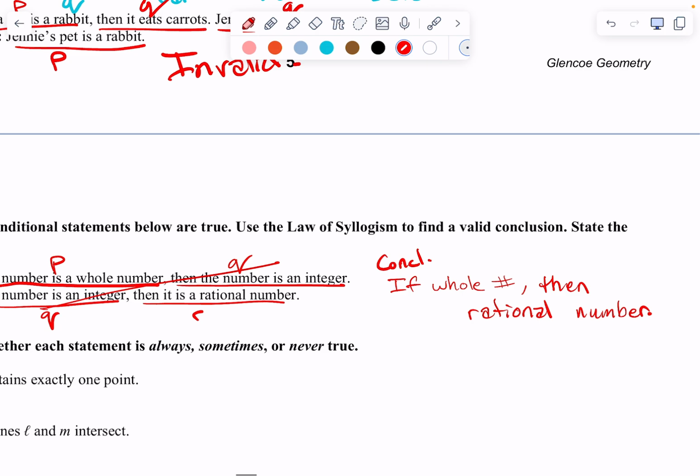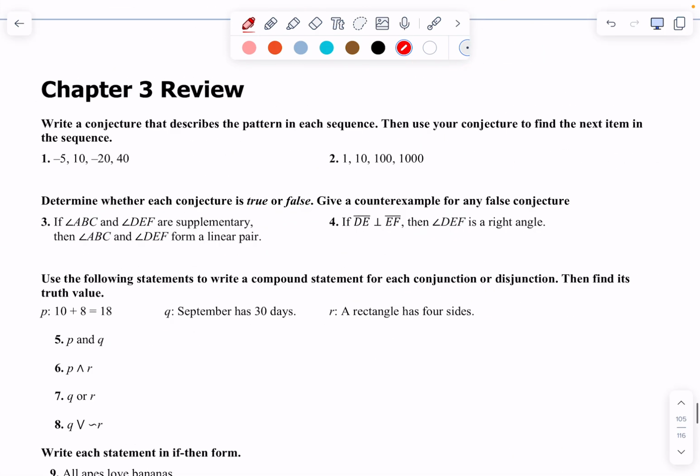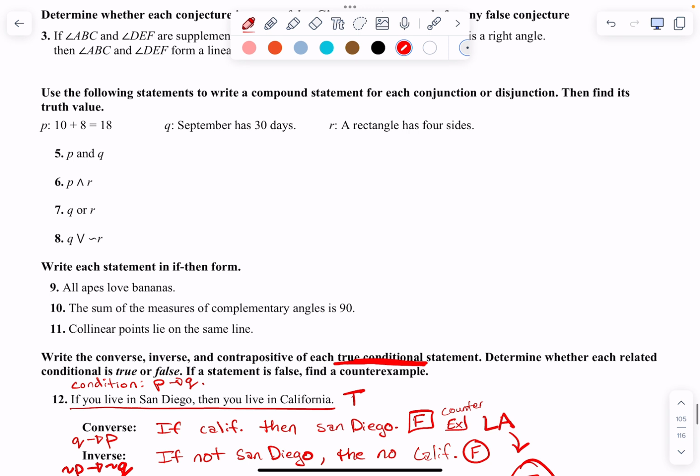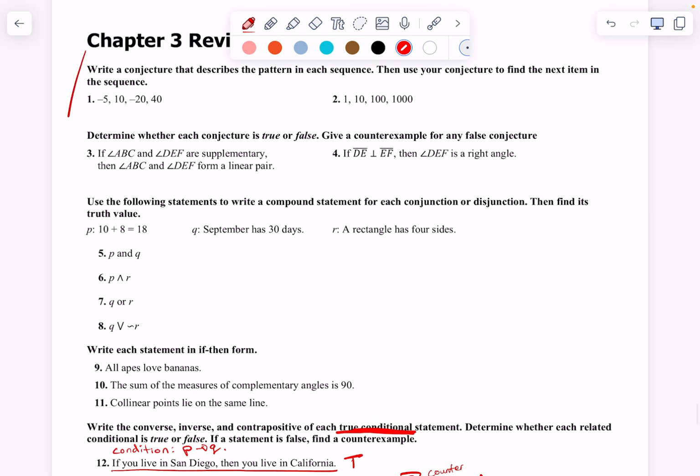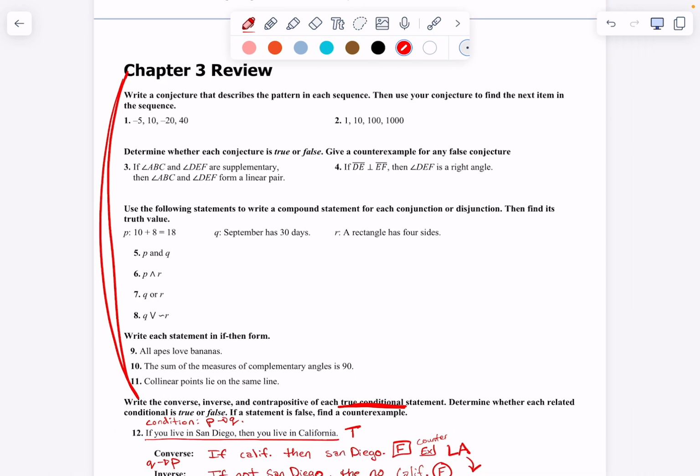I think we should be done for the day. Okay, here's what I want you to do. You guys have homework. Do 1 through 11 for homework. Do those.